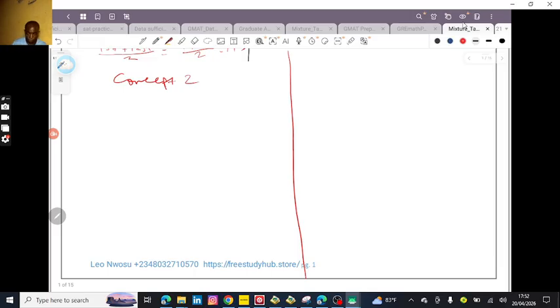Average. Remember what we did before. Average or mean: average equals sum over number. So sum equals average times number, right?